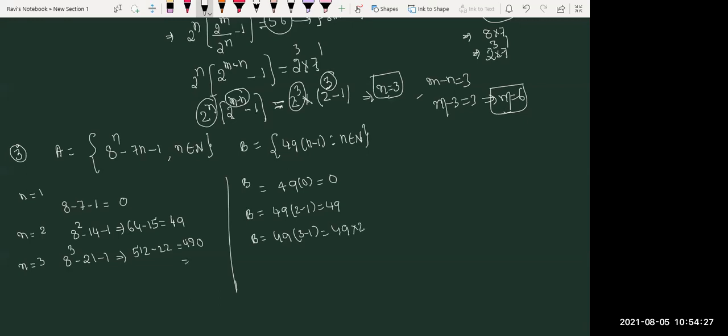Correct? Next, 2 more values we will take and we'll stop.